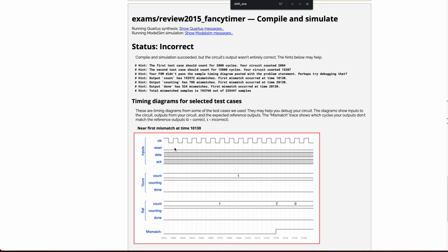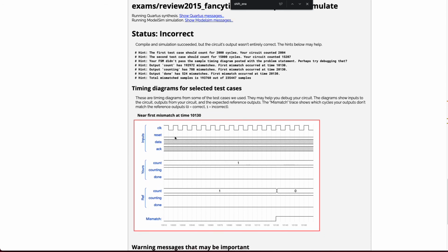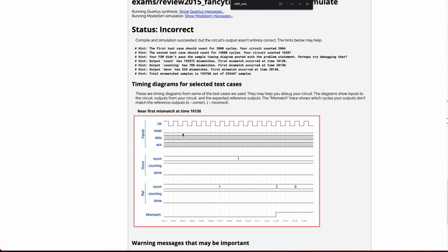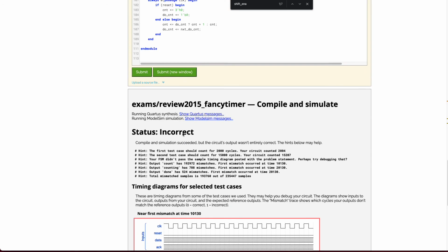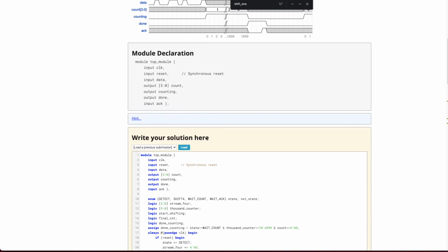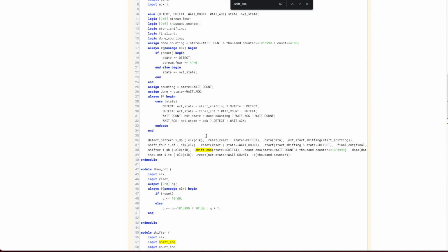All right. Yeah, they made this problem kind of impossible to debug.